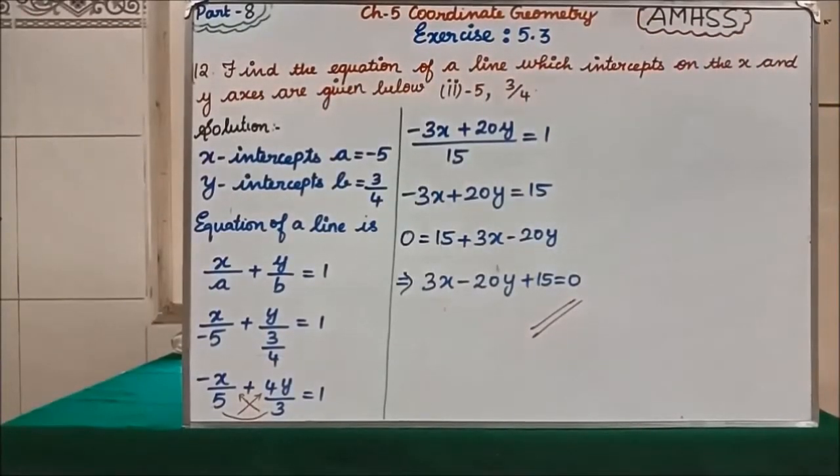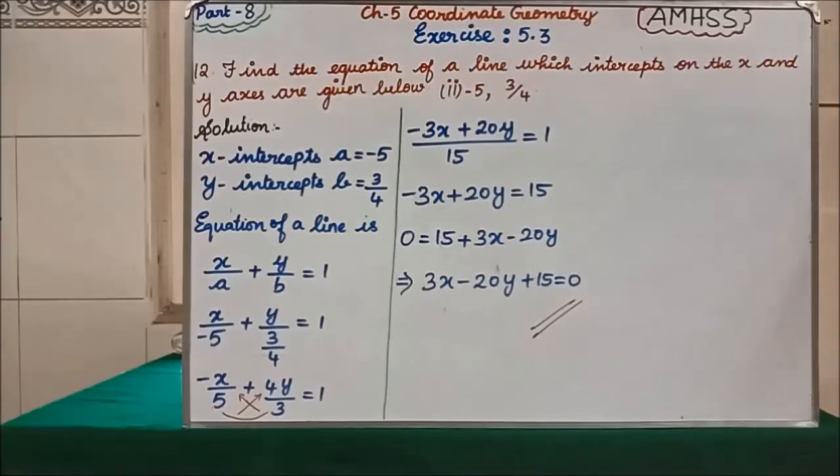Find the equation of a line which has the intercepts on the x and y axis given below. See here, they are asking the equation of a line which intercepts the x and y axis. In the 12th question, you have two subdivisions. I am doing the second subdivision.